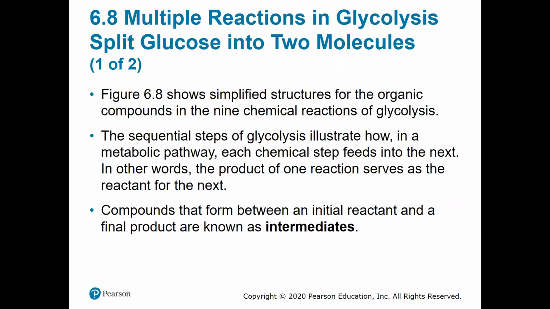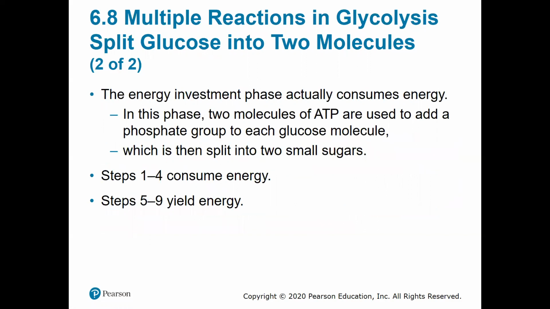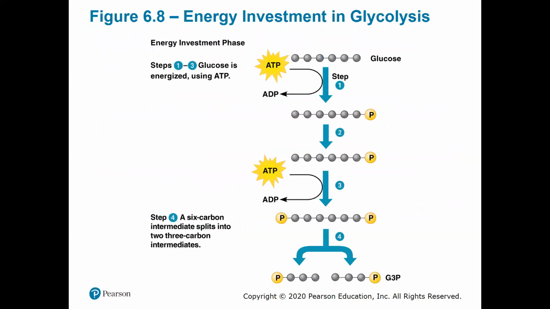That glycolysis is actually a very long, detailed process, and a lot of reactants and products will be made called intermediates. And then there are these steps that will consume energy, but then there are steps that will yield energy.